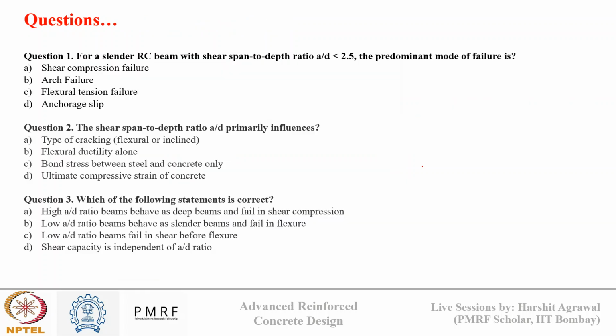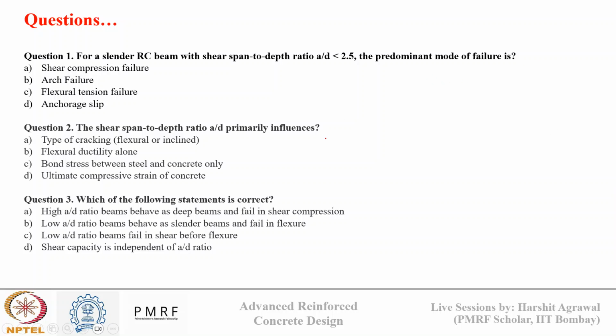Now, just based on this A by D ratio concept, try to answer these three simple questions, just to see whether you have understood the concept or not. The first question says, for a slender RC beam with a shear span to depth ratio of less than 2.5, which mode dominates in failure?